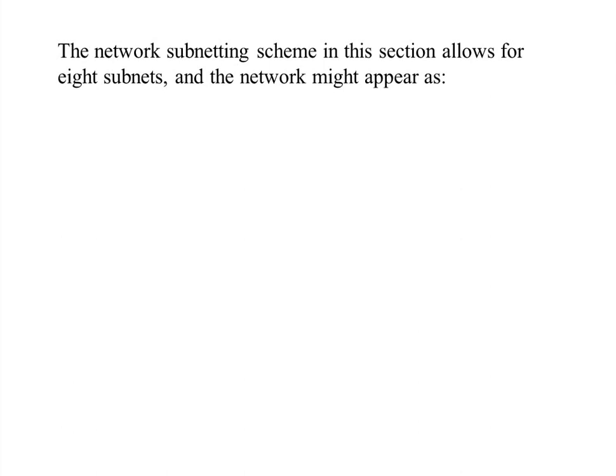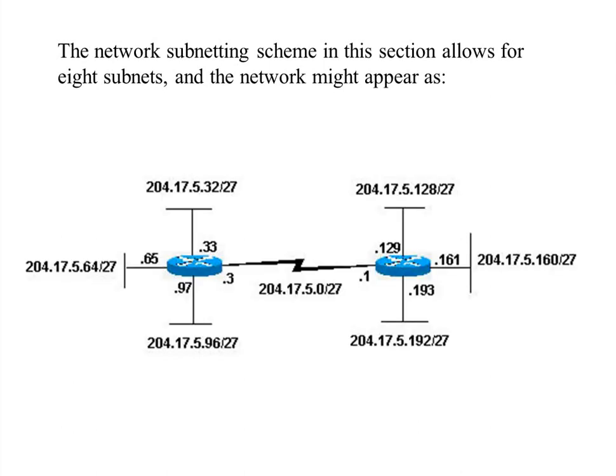So the subnetting scheme in this section allows for 8 subnets, and the network might appear like this. You can see this is how the previous network that we discussed may look. This is the original address, and this network gets interconnected to this one, so this is one network and this is the second subnet. Different networks are allowed here, and you can connect these networks to each other.